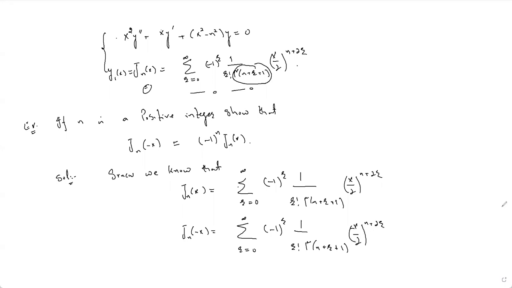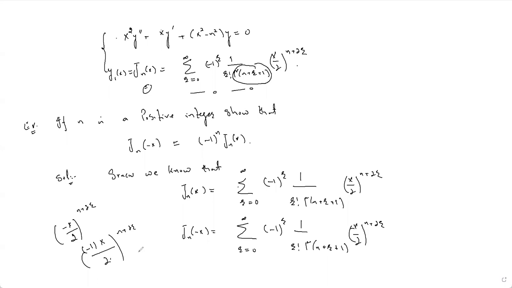Now it's very simple. If you look at this equation, I will write this (minus x by 2) raised to power n plus 2r separately here. Can I write it as minus 1 times x divided by 2, raised to power n plus 2r?